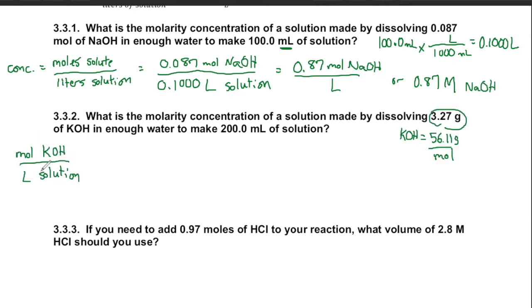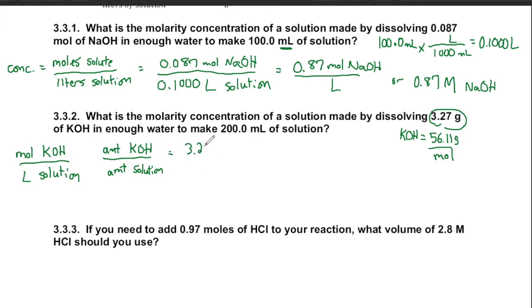This next problem, again, is calculating the molarity. So we need the moles of potassium hydroxide over the liters of solution. We are told the grams of potassium hydroxide, so we need to convert this to moles. We can either convert it to moles ahead of time, or we could just do it in the process of figuring out the concentration. So we can just take the amount of solute, the amount of KOH solute we have, and the amount of solution. Let's start there.